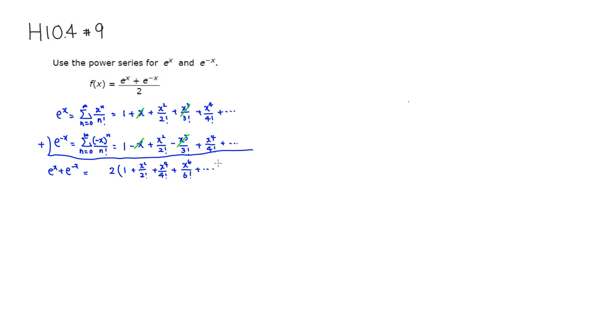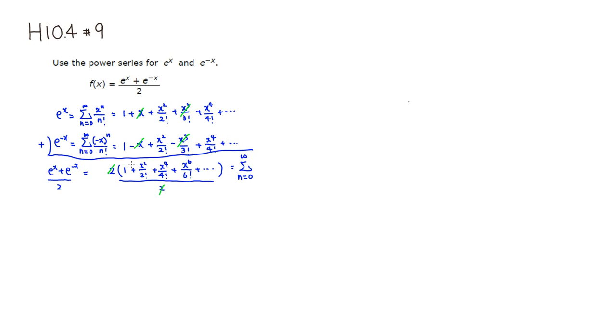Then what we do is we divide through by 2, which means that we can cancel the 2 here and the 2 there. So you have a power series which looks like this. It's a summation, and it goes from 0 to infinity.